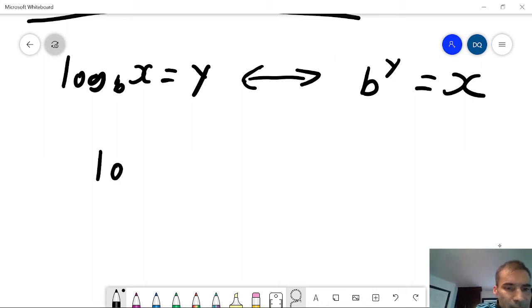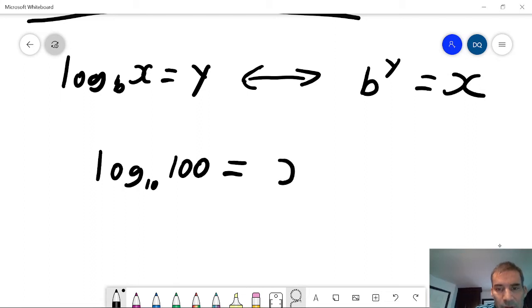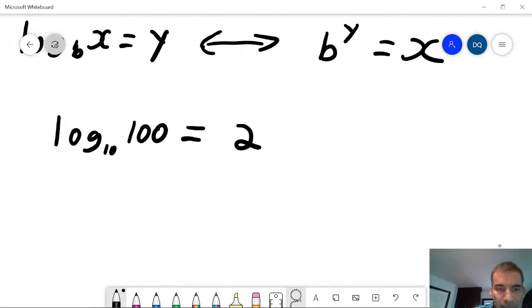So if I was to say that the log base 10 of 100 is equal to 2, what that means is that if you take 10, raise it to the exponent 2, that's equal to 100.